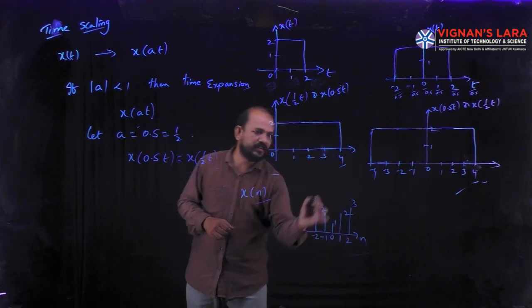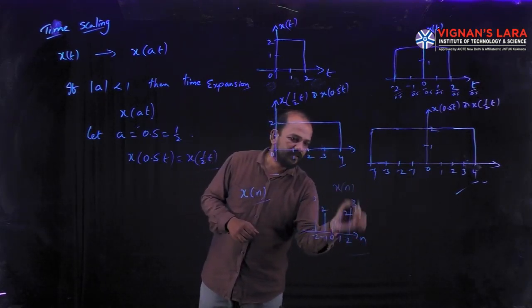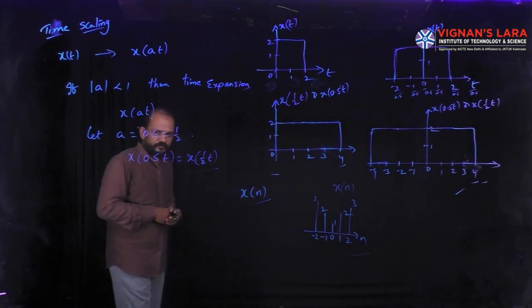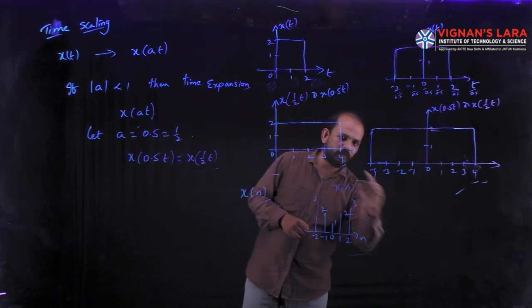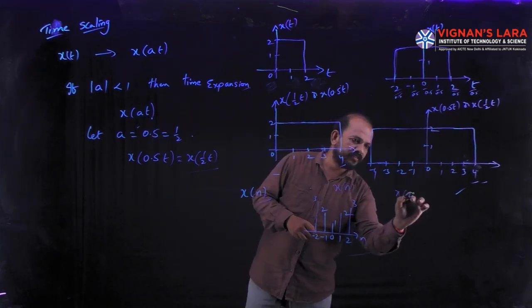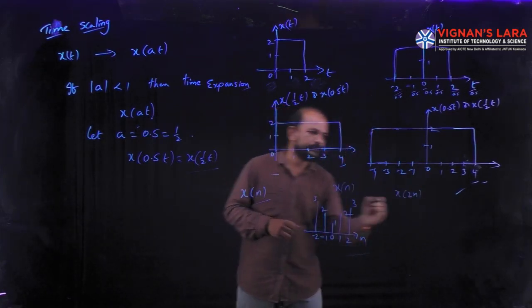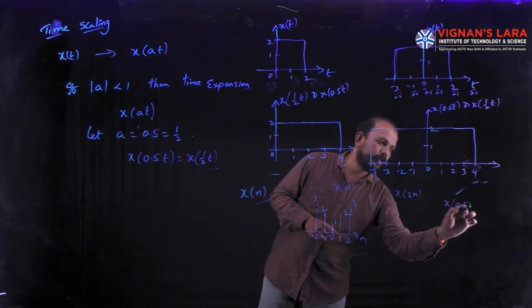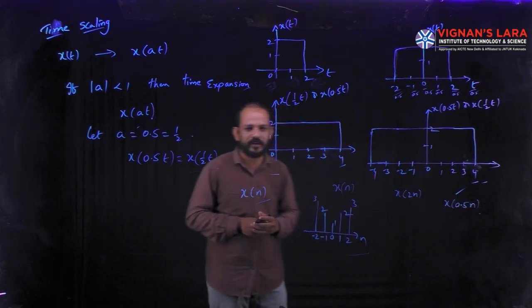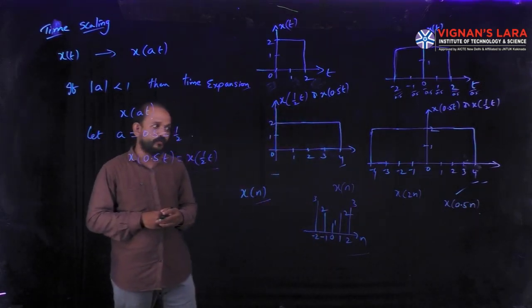There is a signal x of n. Now you have to perform the time scaling operation on this. So you have to draw the waveforms of x of 2n and x of 0.5n.